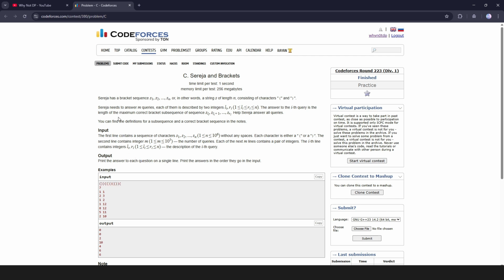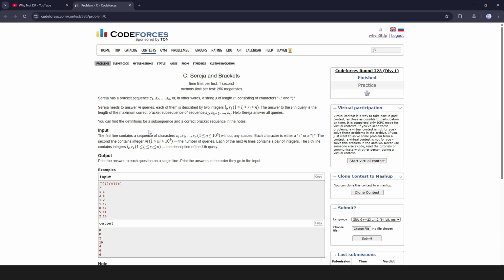Sereja needs to answer m queries and each of them is described by two integers, Li and Ri. To answer the ith query, she needs the length of the maximum correct bracket subsequence of the given sequence, that is the given string. Help Sereja to answer all the queries.